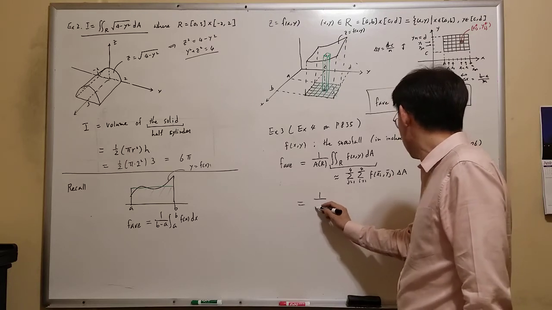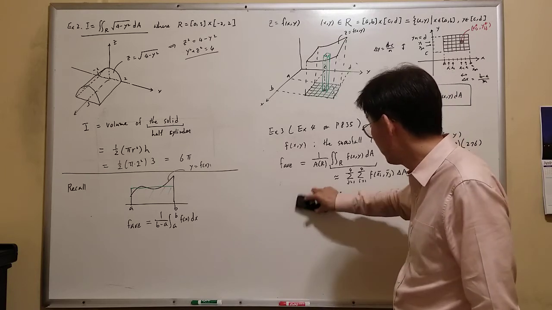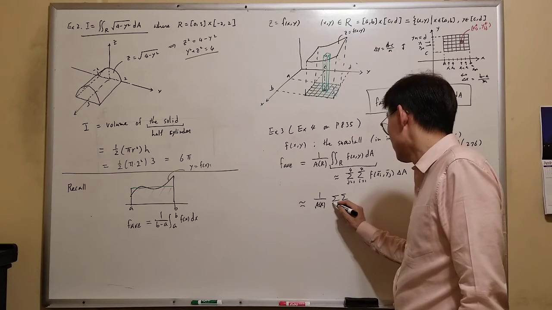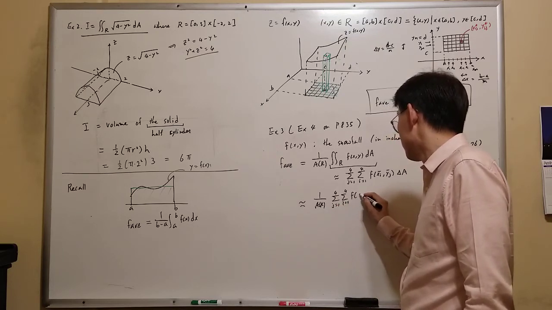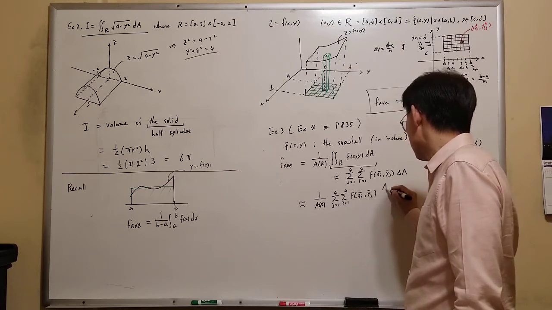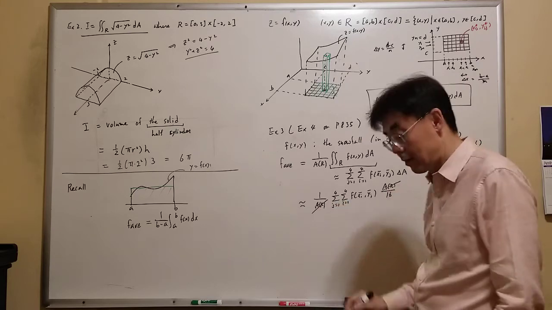Okay? So, what do you get? 1 over the area of R. So this average value will be the double Riemann sum over 16. So these cancel.